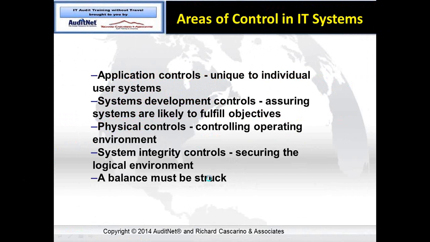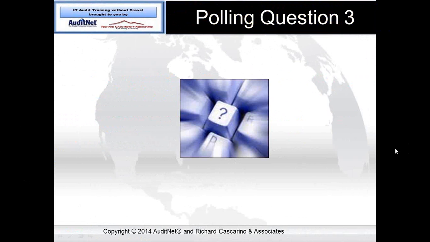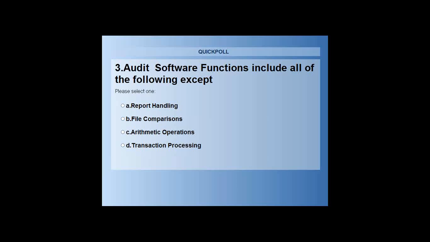And that brings us to our third polling question. Third polling question looks at the functionality of audit software. Audit software includes all of the following except report handling, file comparisons, arithmetic operations, transaction processing.